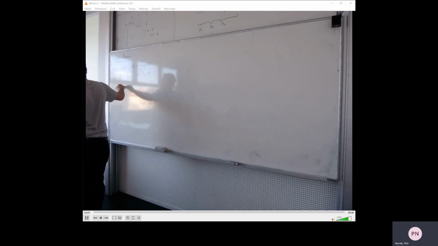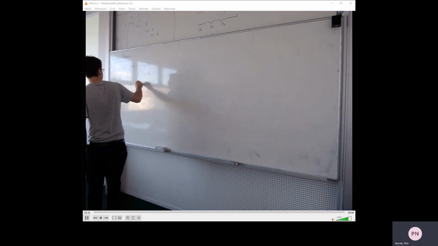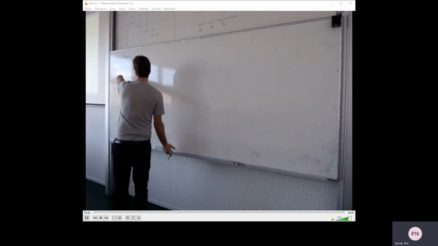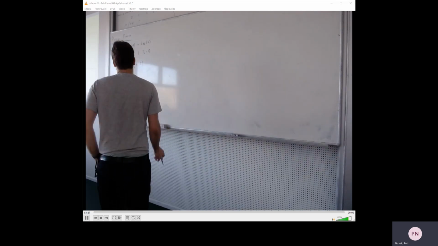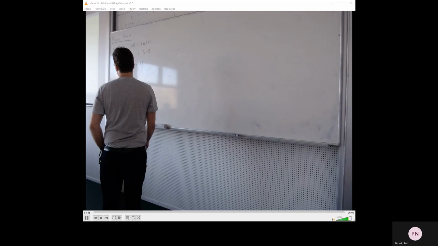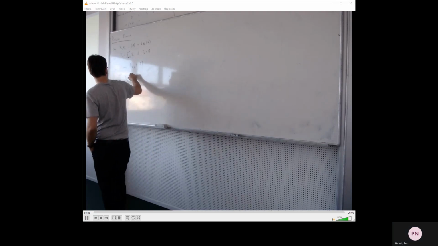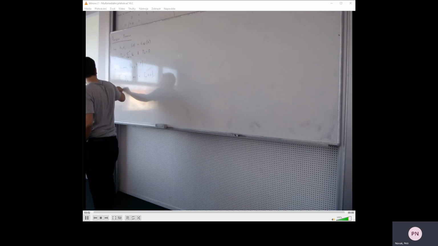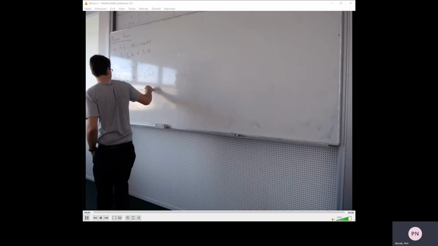Then the process N_t, with N_t being the number of T's, the maximum of n's such that T_n is less than or equal to t, is called the Poisson process with intensity lambda.